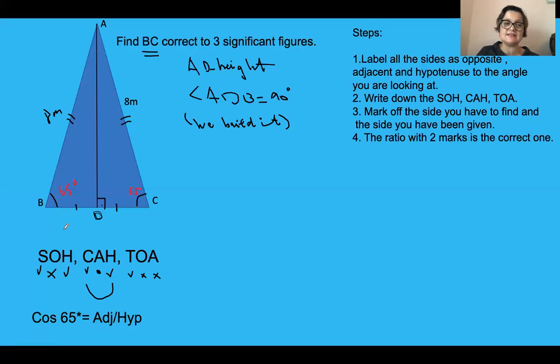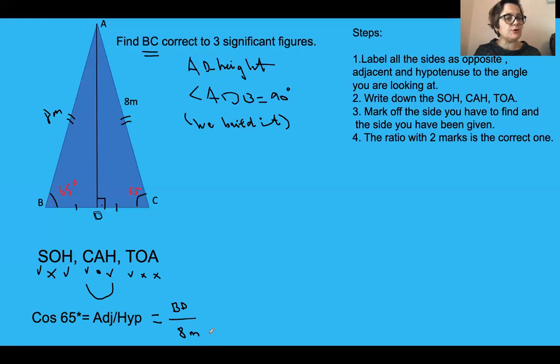So cosine 65 equals adjacent, so BD, over the hypotenuse, which is 8 meters. Now for cosine 65, of course, we can use the calculator. As always, we need a calculator when you work in trigonometry. We press cos 65 equals.